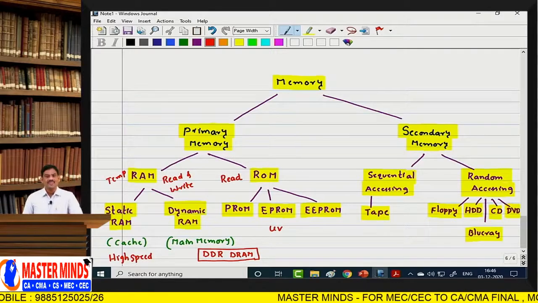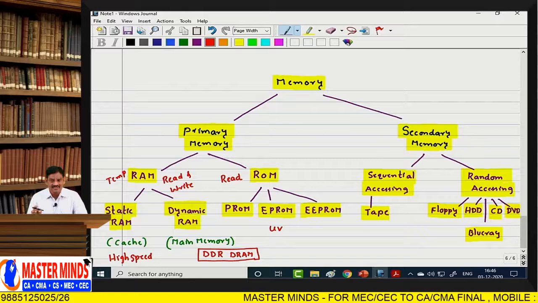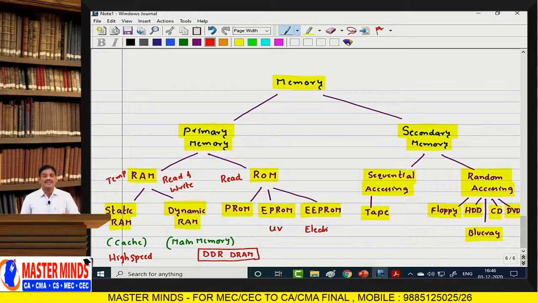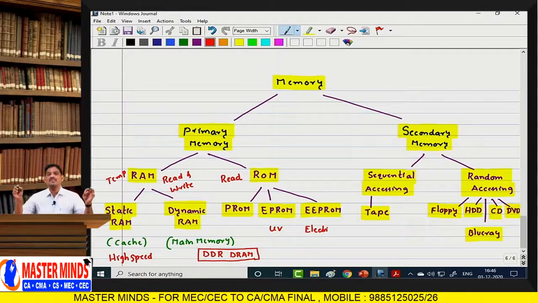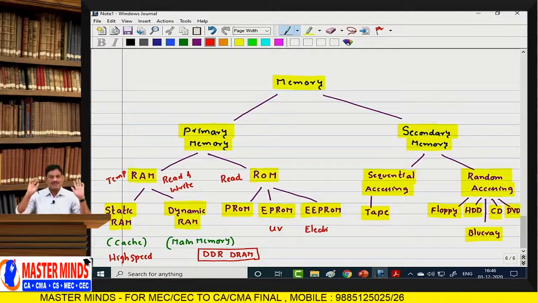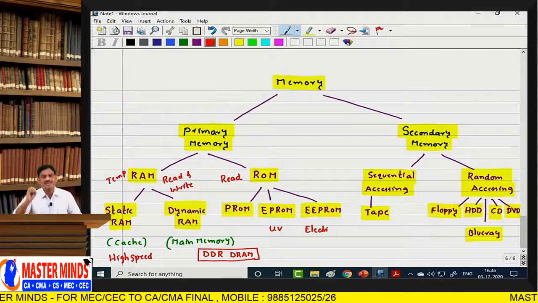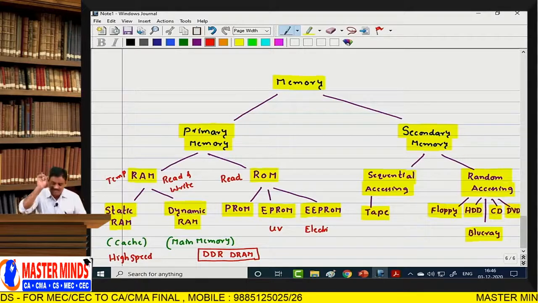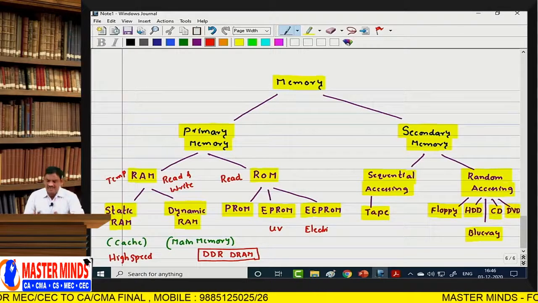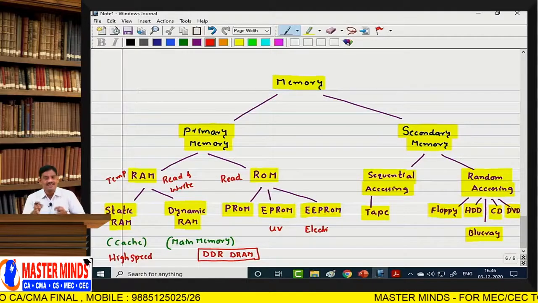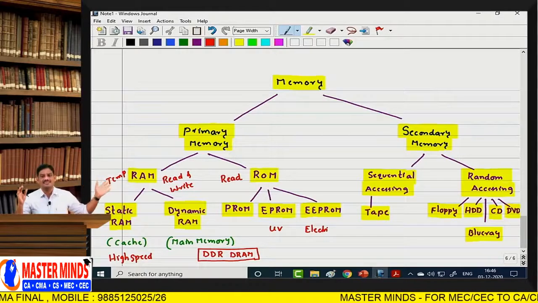By using power, electrons, current, that is electricity, we have electrically erasable programmable read-only memory, right? I will tell you one by one. Before going to the topic, I just want to introduce all categories of memories here, isn't it?